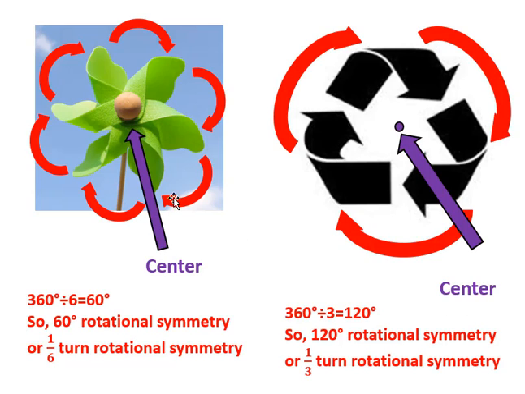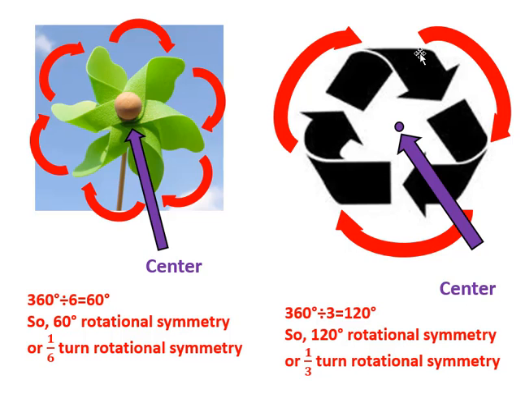Okay, so let's look at this other type of windmill. So if we take this and turn it once, twice, 3 times, 4 times, 5 times, 6 times, it comes back to where it started. And so it would have 60-degree rotational symmetry, or we could say 1/6 of a turn rotational symmetry.